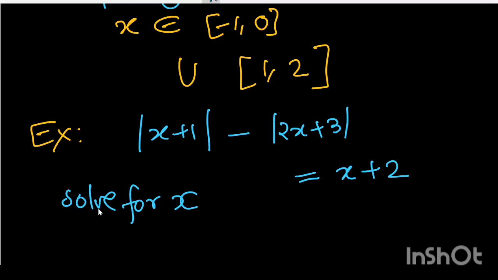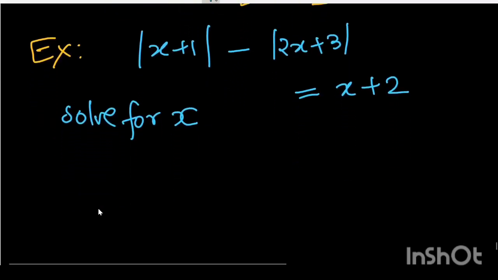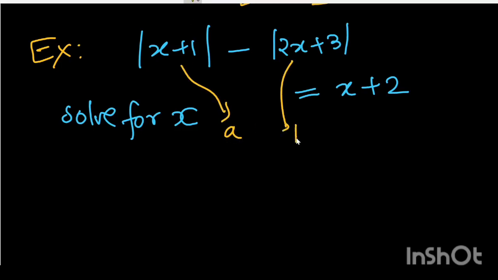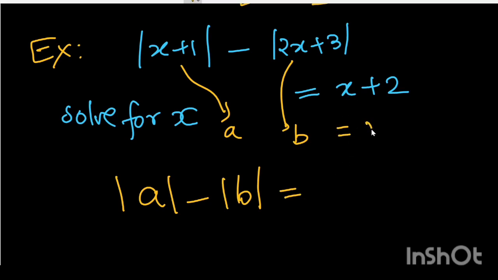So how can we do this, guys? As you can see here, if we consider this to be a and this to be b, this becomes mod a, this becomes mod b minus mod b. Now if you carefully observe, x plus 2 is basically 2x plus 3 minus of x plus 1.